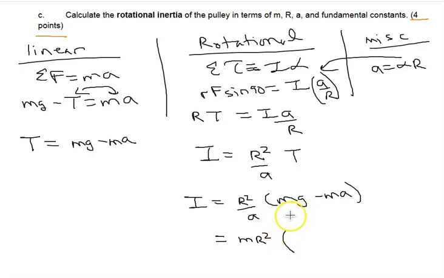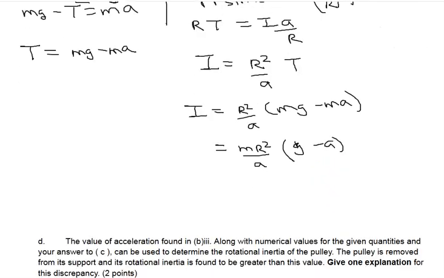And then let's do it in two parts. You could probably stop there, but let's divide through by a. So it's g over a minus 1.